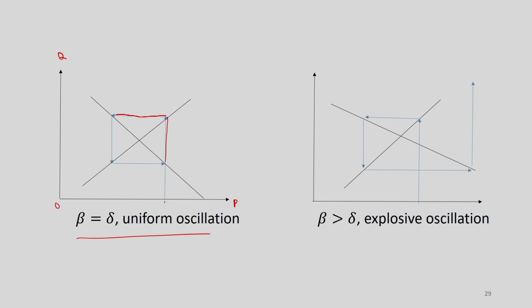To clear the market, the price has to come to this level, and if the price is this level, then the supply comes down, and to clear the market again the price has to go up. But you can see the price in the third period is the same as the price in the first period. So, you are going round and round in the same circle. There is no damped oscillation in this case at least. All right.